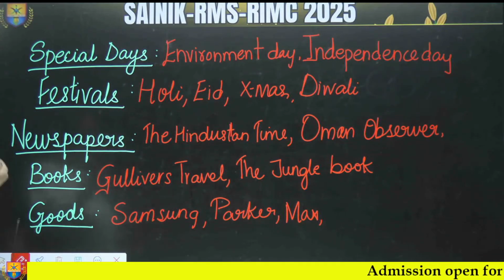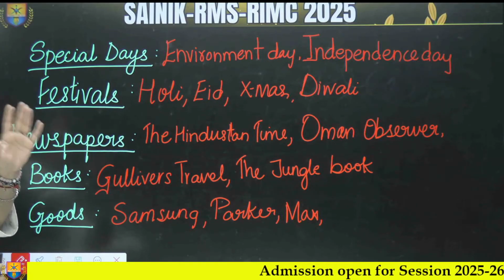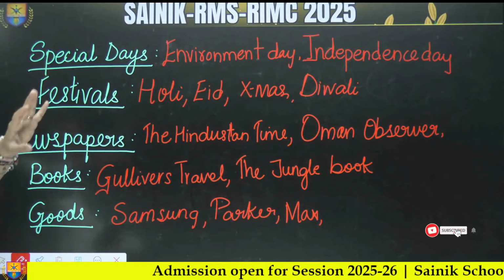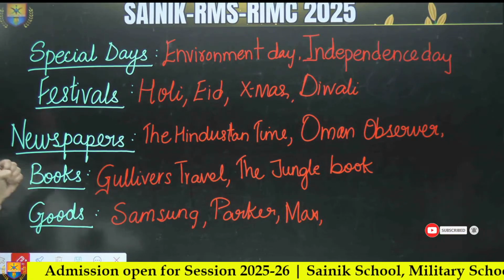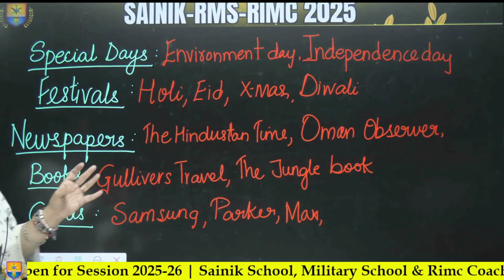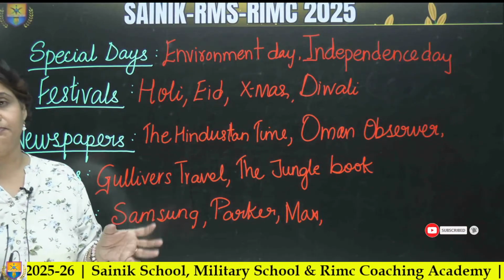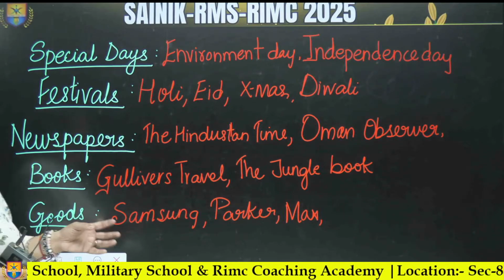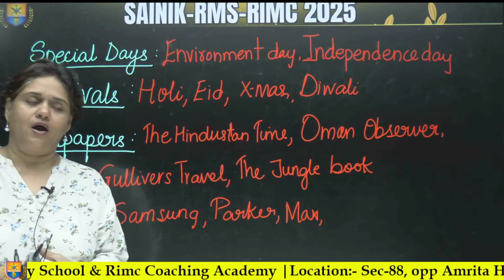So here we have the famous and popular common noun and proper noun. For the special days, we can have Environment Day, Independence Day, the names of the festivals, the names of the newspapers, the famous books, and any famous product brand, they come under goods. So these are all the examples we have learned for common noun and proper noun.